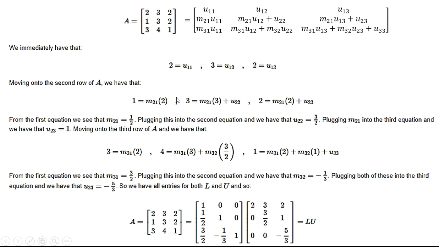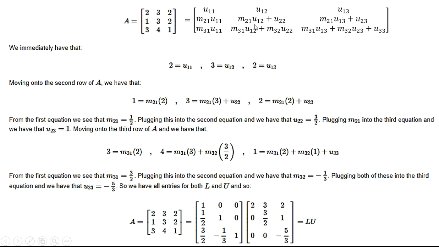Also, we have found the value of u11 previously. So by putting this value at the place of u11, we will get the value of m21. By shifting this 2 to the left side, we will get m21 is equal to 0.5.